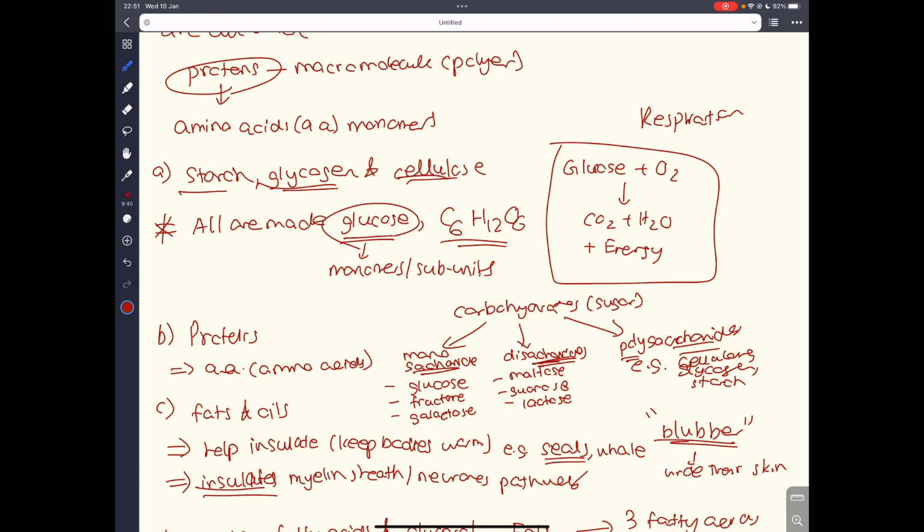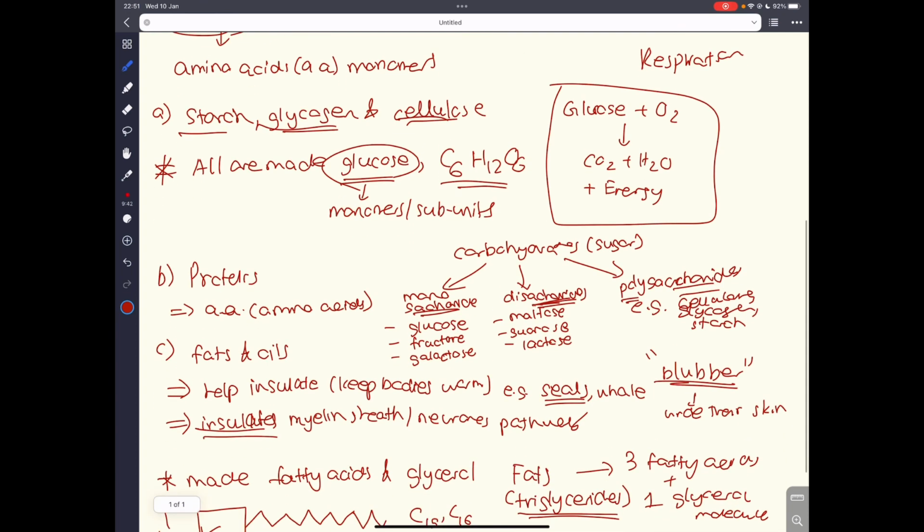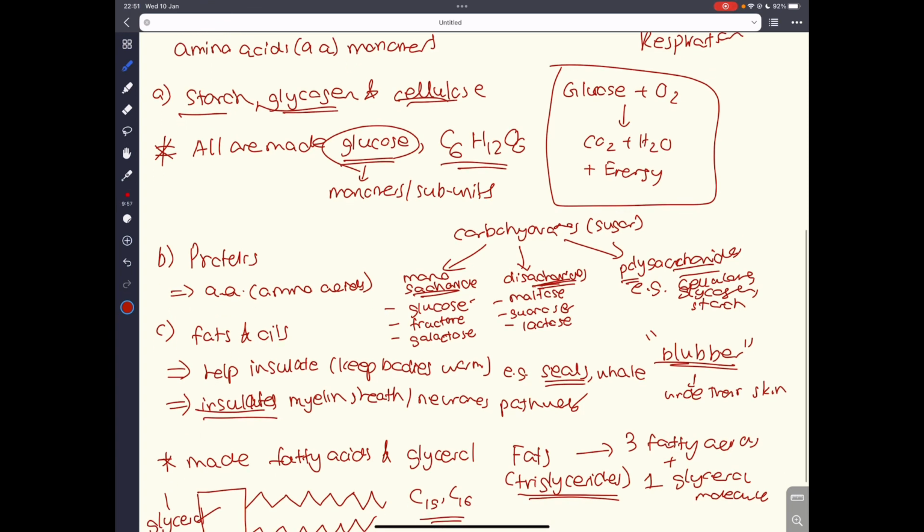Now you would also have to know where some of these sources of sugar come from. Glucose definitely comes from tea bags, right? Sucrose also comes from those tea creamers and stuff that you put in your coffee to make it slightly sweeter.